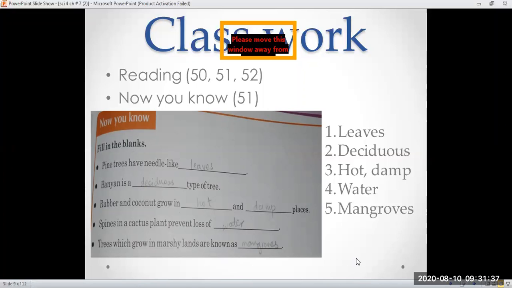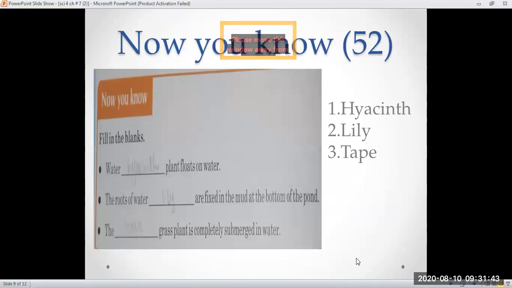Okay Ibrahim. So now students, here is another, on page number 52, and this is visible on your screens. So first one is that water dash plants float on water. So here is the hyacinth.